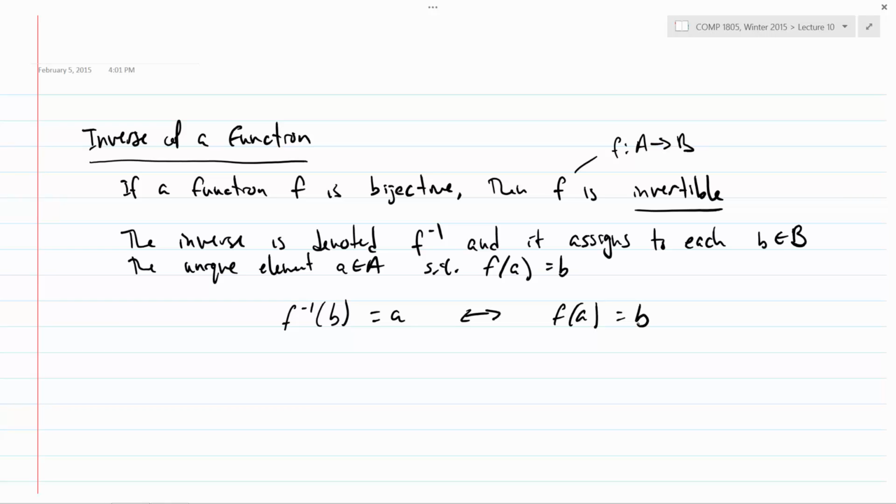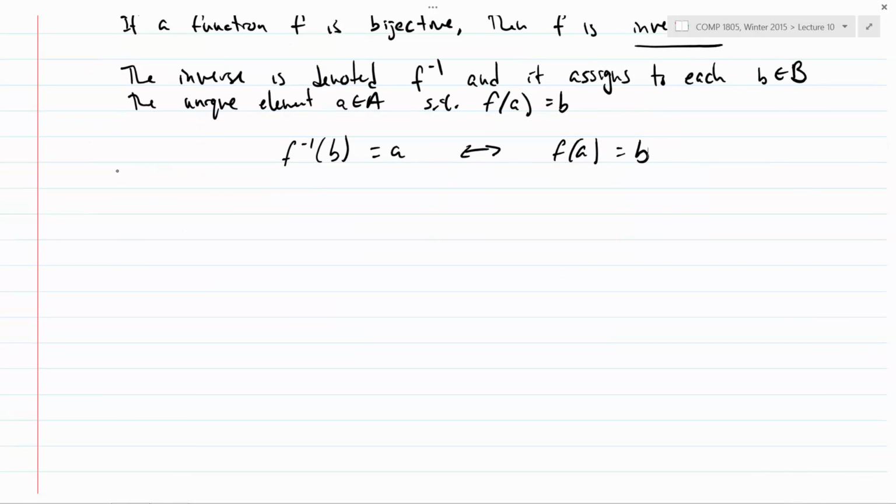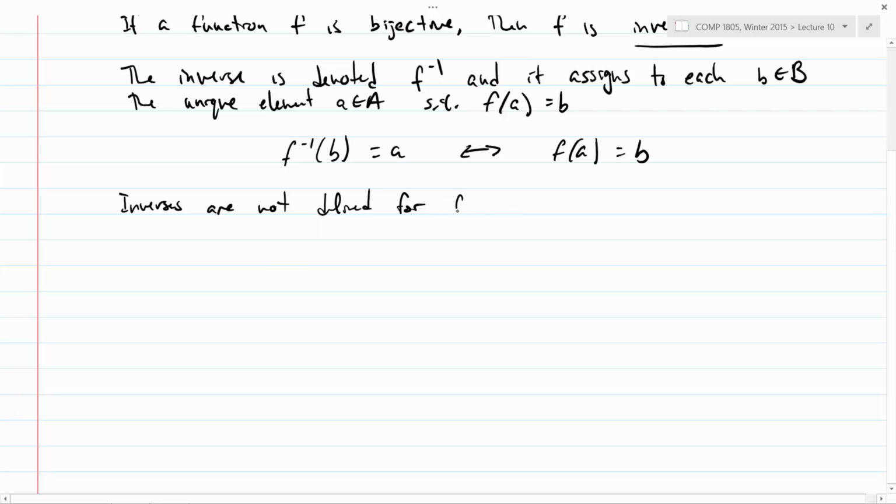It'd be bad because we wouldn't have a function. So for functions that aren't bijections, there's no such thing as an inverse. It doesn't exist. So inverses are not defined for functions that are not bijections.